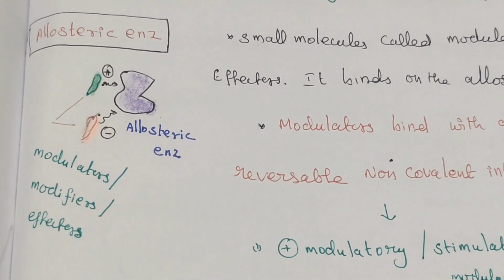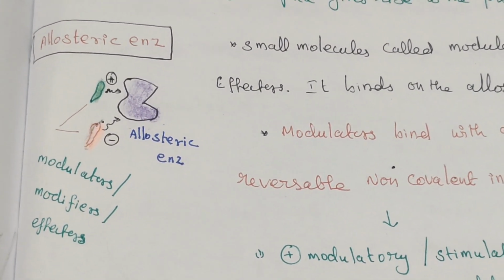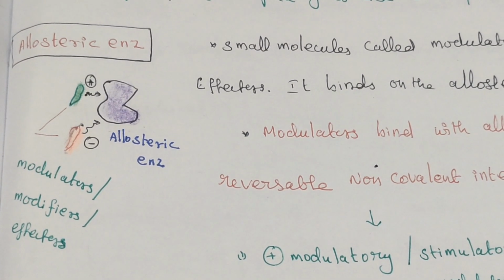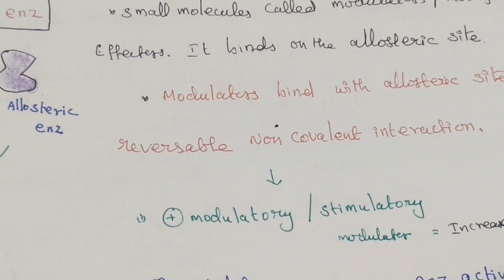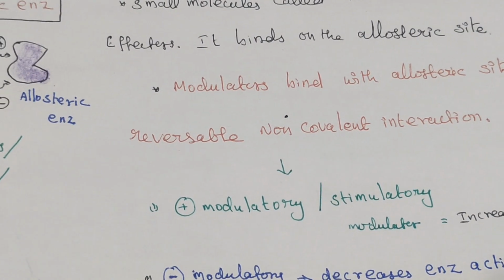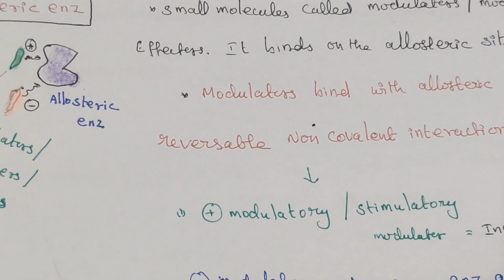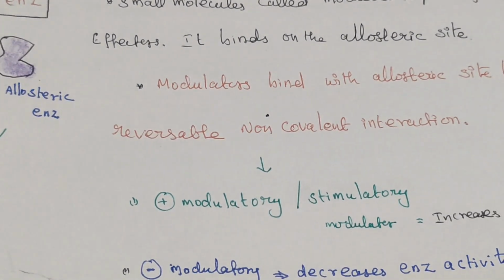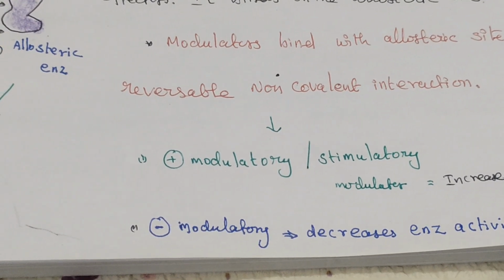When a modulator binds, the activity of the enzyme increases or decreases. When it binds, the enzyme activity may be increased or decreased.